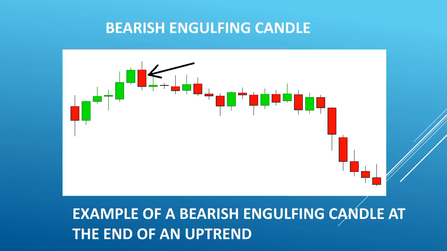Then they eventually lost control towards the right, and we have a total collapse of price, where price went straight down and the sellers took perfect control. So the appearance of a bearish engulfing candle on your chart at the top of a bullish trend should give you some signal that if you are buying, you should close your buy trades and then look for a selling opportunity.